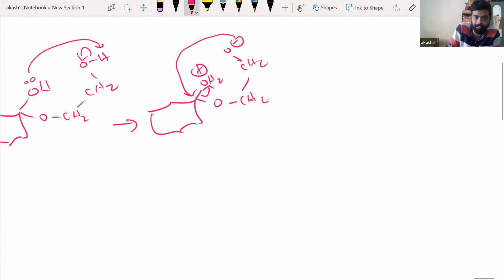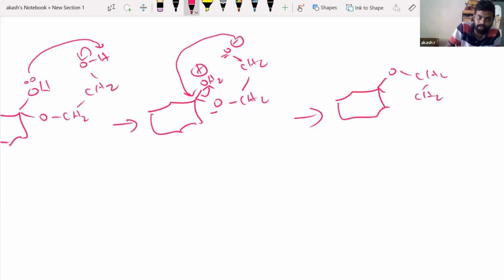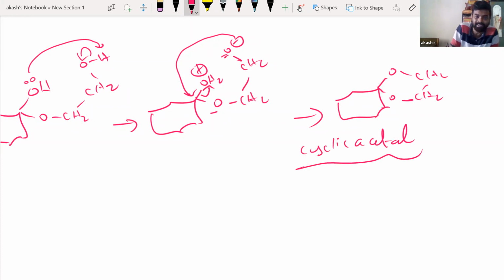So what are we going to have? We are going to have this one. You have to understand that this oxygen is attached to this carbon. Oxygen, CH2, another CH2, and this is again attached to this oxygen, and that is bonded with this carbon. This is an acetal, no doubt about it, but this is an example of a cyclic acetal.